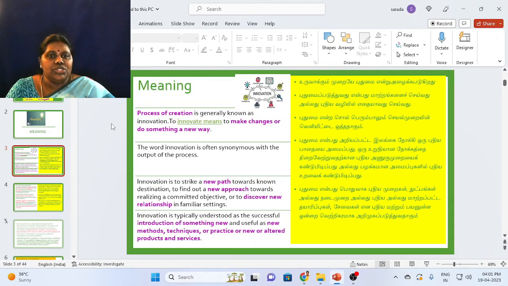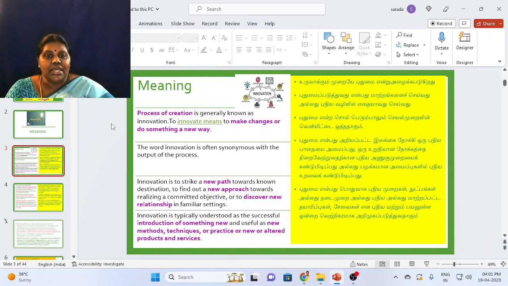The term innovation means the process of creation. To innovate means to make changes or do something a new way. The word innovation is often synonymous with the output of the process.